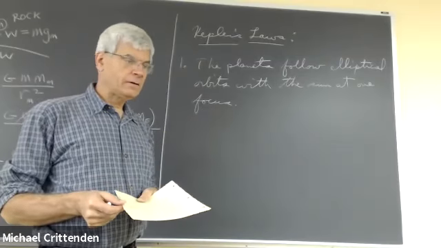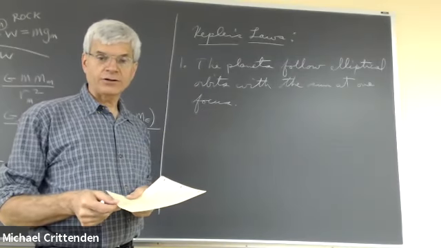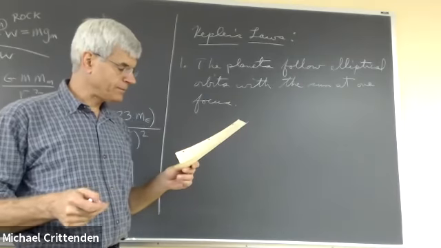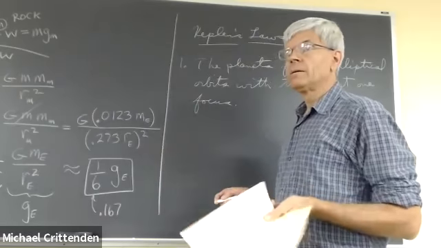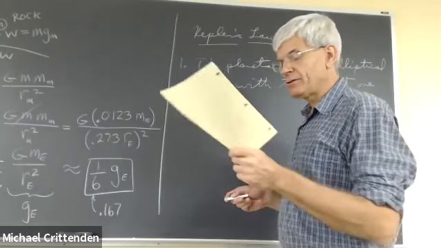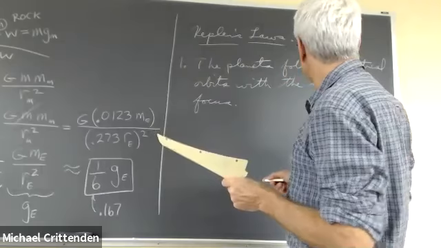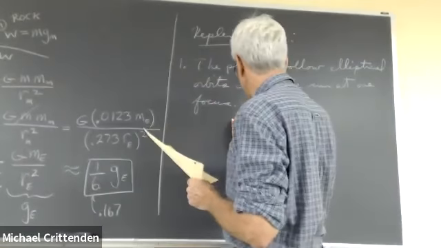Hopefully you've looked at least a little bit at conic sections in some math course. Whether you have or you haven't, probably I should review exactly what an ellipse is.